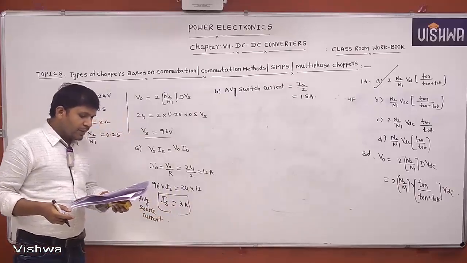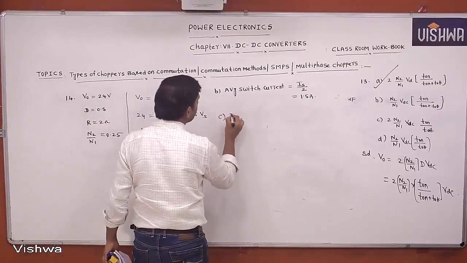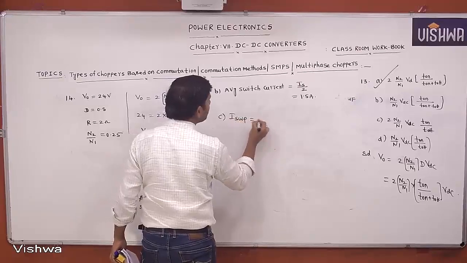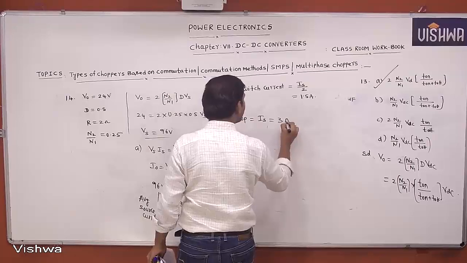Next, peak switch current equal to source current. What is the peak switch current? Peak switch current is nothing but the source current. You are getting 3 amperes.